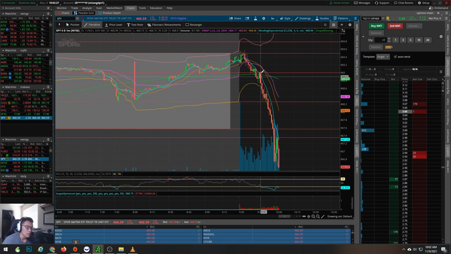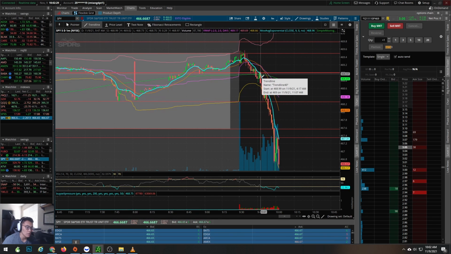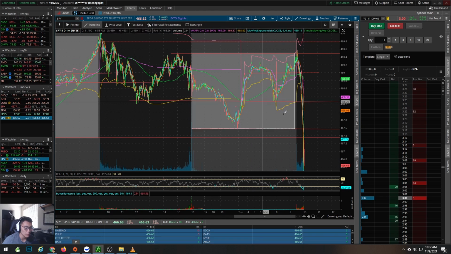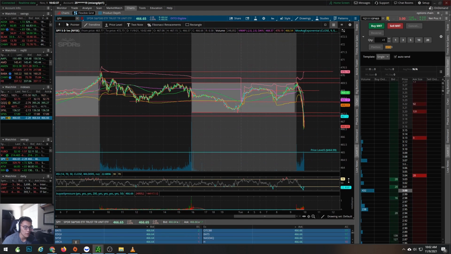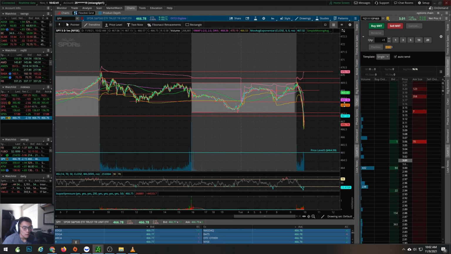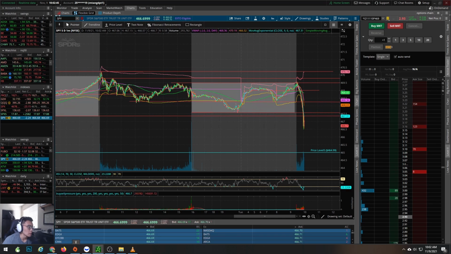Like I said, it did get rejected off the 469, so I probably could have got in another one here. These are the different resistance levels I marked off pre-market, and it's breaking below all of that, all the way to making new lows. But I followed the strategy and was minorly profitable today.